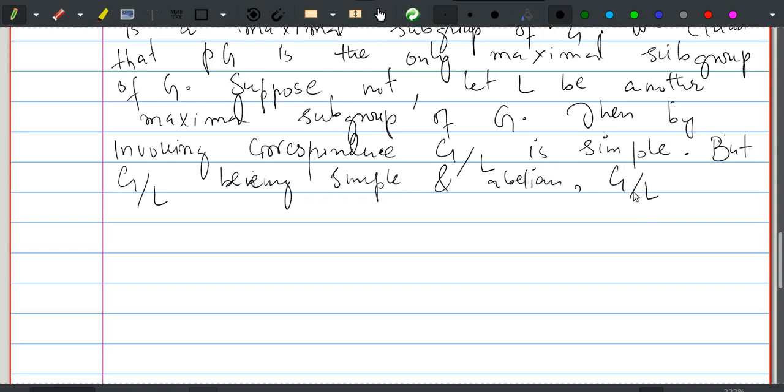So G mod L being simple and abelian, its order must be a prime number.